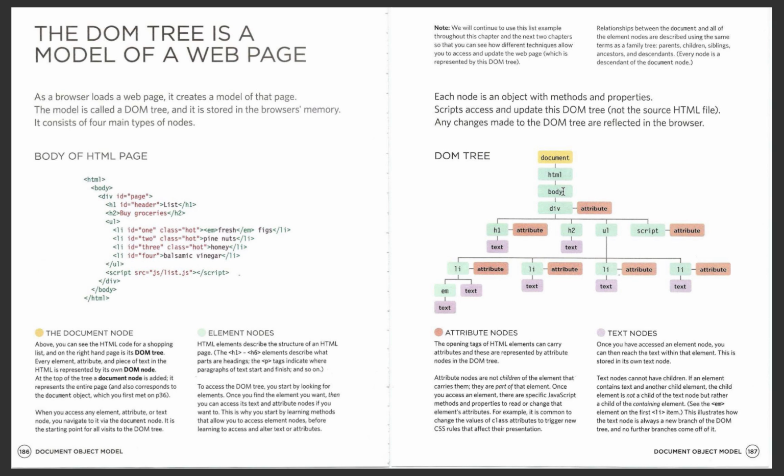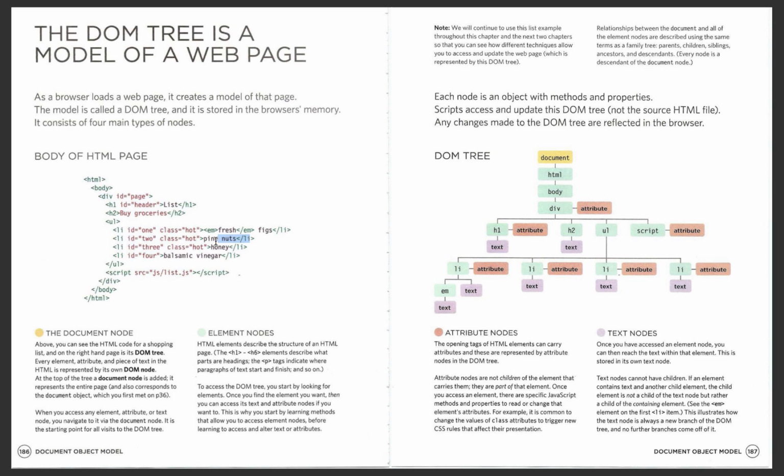Or if we wanted to add an ID to the body, we could, and then we could just say document.getElementById, and that would be our body. Then we want to go one level inside of it, into its children. So we would say first child, and the first child is this div with an ID of page.